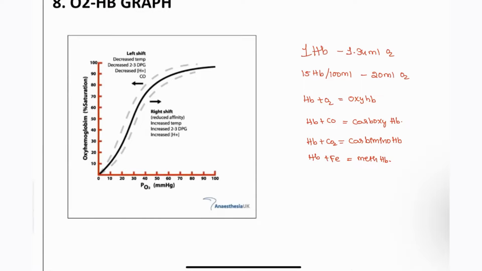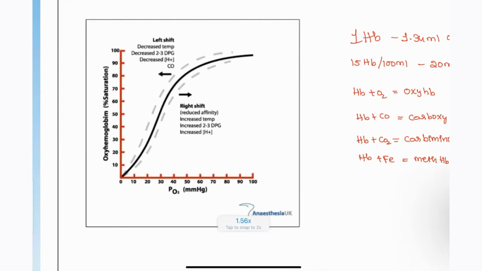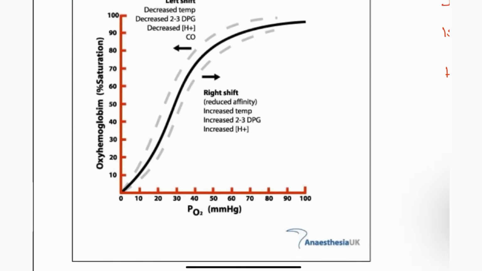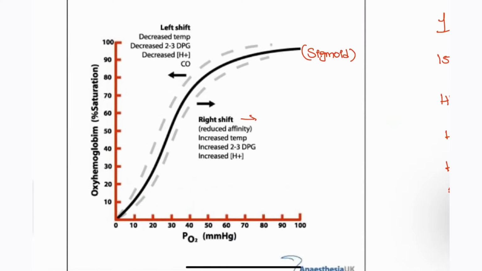Next, here we have to understand that the normal graph will be sigmoid. Okay, a sigmoid curve will be seen. It is going to shift to the right side if there is decreased oxygen affinity, and it will shift to the left side if there is increased oxygen affinity, right? So what are the changes?